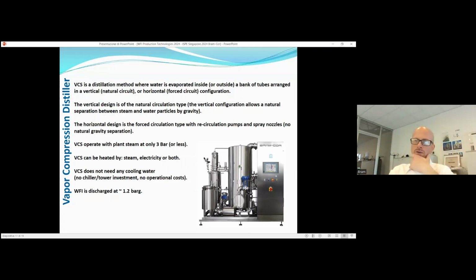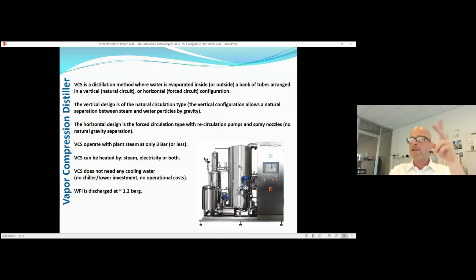One of the characteristics that we indicated before is that the vapor compression distiller operates at a slightly atmospheric pressure, a little bit over zero. The industrial steam pressure is then typically lower than the one required for the multiple effect distiller, so 3 bar or even less. It is more common to have a vapor compression distiller that can be heated by steam, electricity, or even both of them.